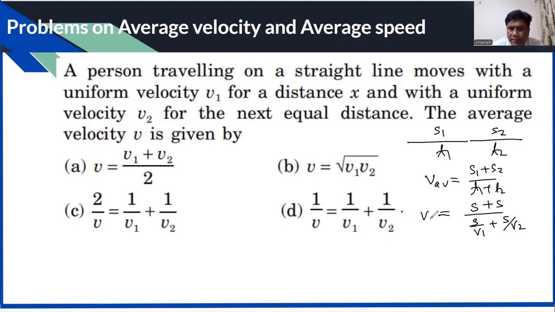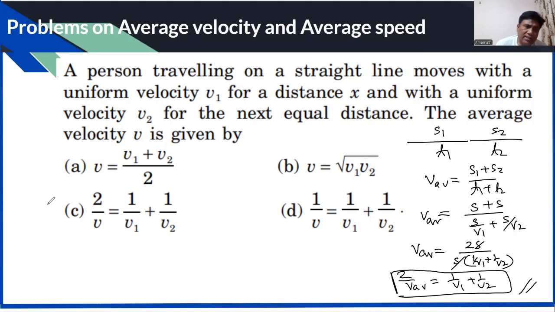So V average is equal to 2S, and if I take S common, 1 by V1 plus 1 by V2. So S has got cancelled. So it means 2 by V average equals 1 by V1 plus 1 by V2.